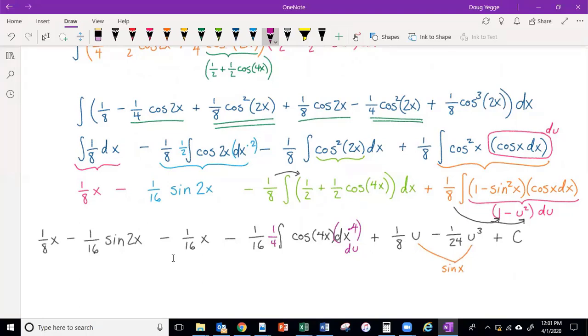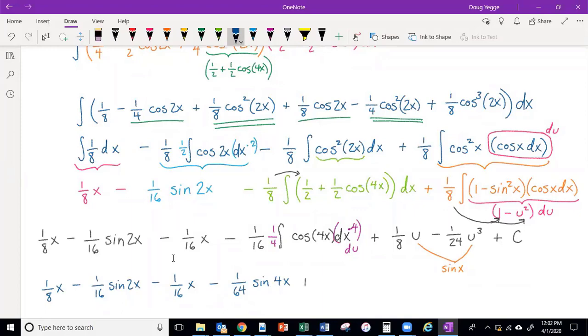And now this becomes 1/8 x minus 1/16 sine of 2x minus 1/16 x. A lot of these are just dropping down from time to time. Now we get minus 1/64, and the integral of cosine u du is just sine of u, so we get sine of 4x.